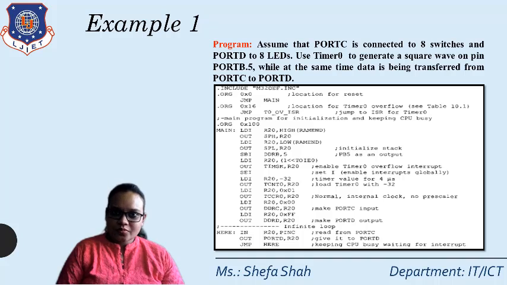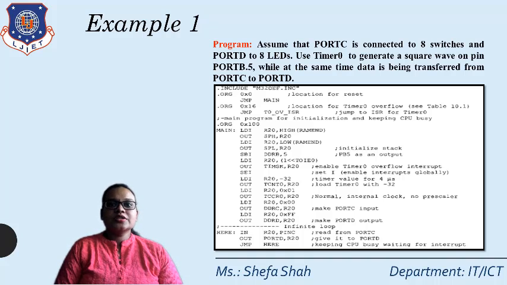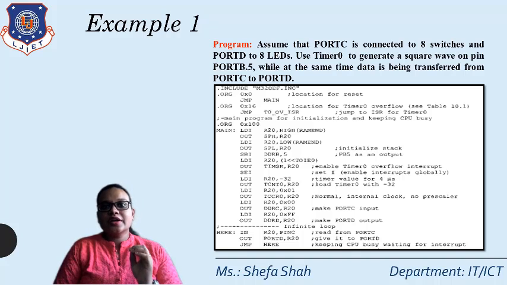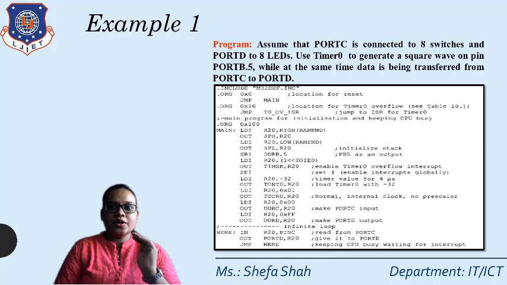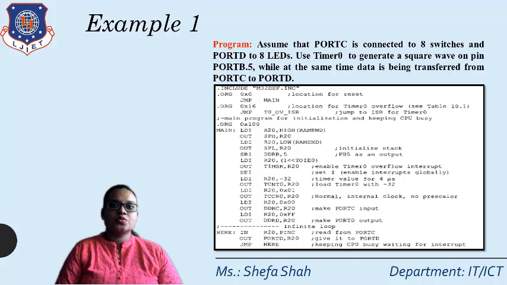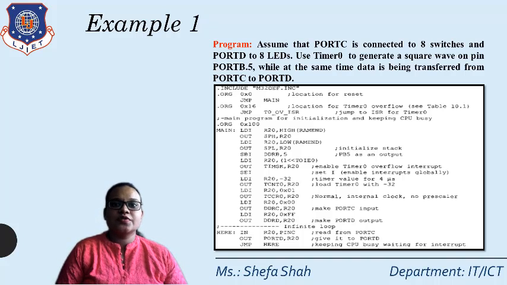In the interrupt service routine we write the program for the square wave generation on PB5. Whenever the interrupt is generated, it generates the square wave, and if the interrupt is not generated at that time, the data from port C is transferred to the LEDs on port D based on the switches pressed. So let's see the solution.